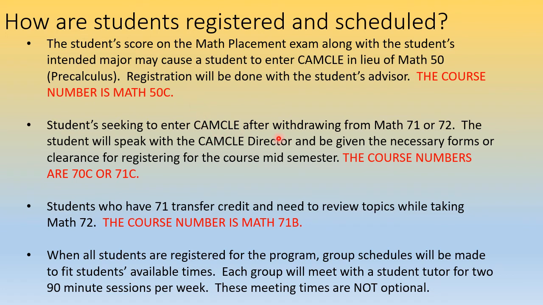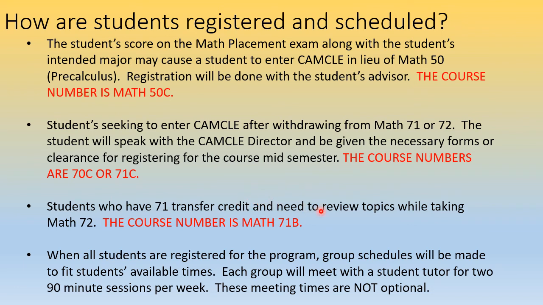If you are withdrawing from 71 or 72, and you've spoken with your advisor, then you will speak with me, Dr. Wayne, the director of CAMCLE, and be given the necessary forms of clearance for registering for the course mid-semester. The course numbers are 70C if you're withdrawing from 71, or 71C if you're withdrawing from 72.